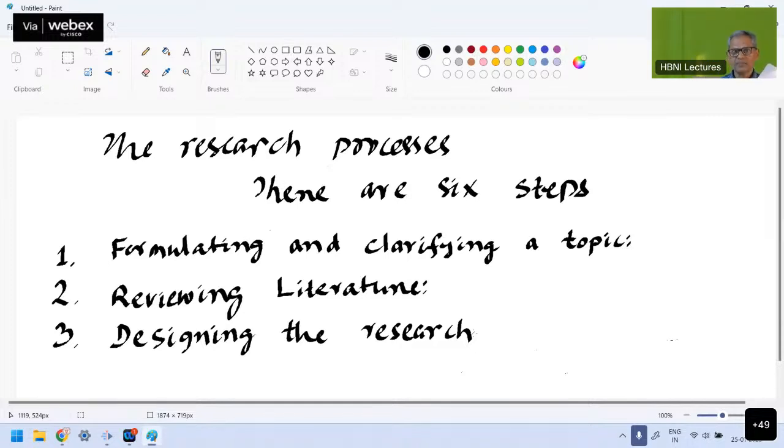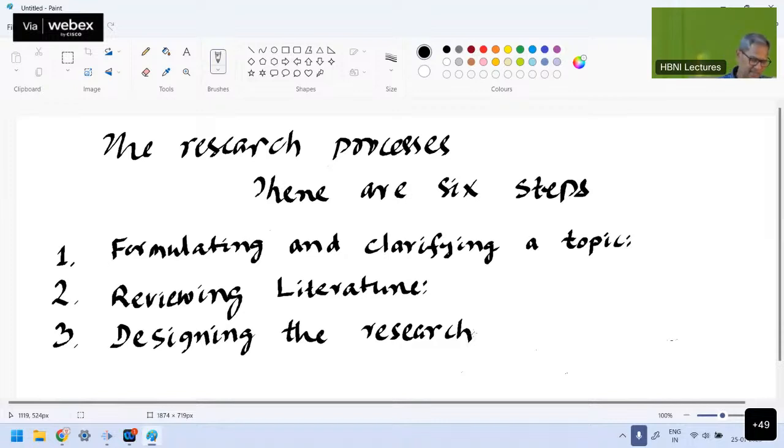How you are going to collect your data, what will be your sample size, your experimental design, what experimental method you will use, which instrument you are going to use to carry out your measurement, who will be your collaborators, all those things you address in this step.